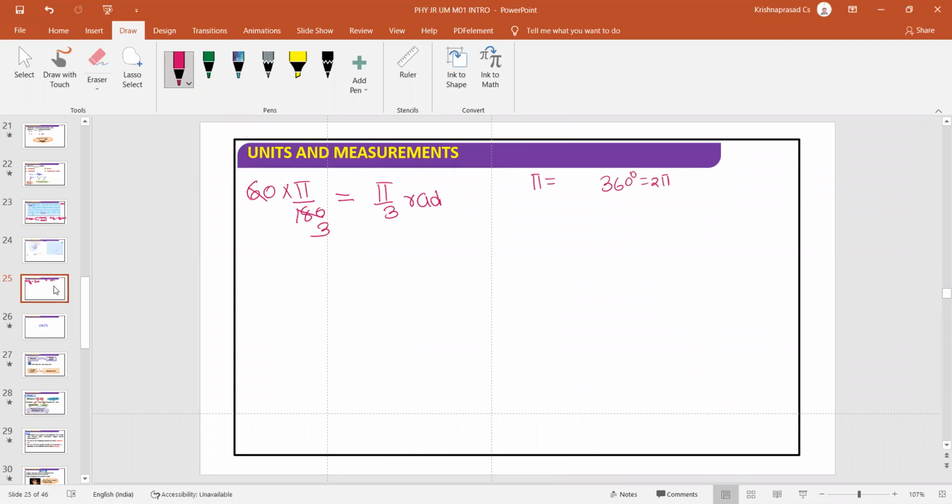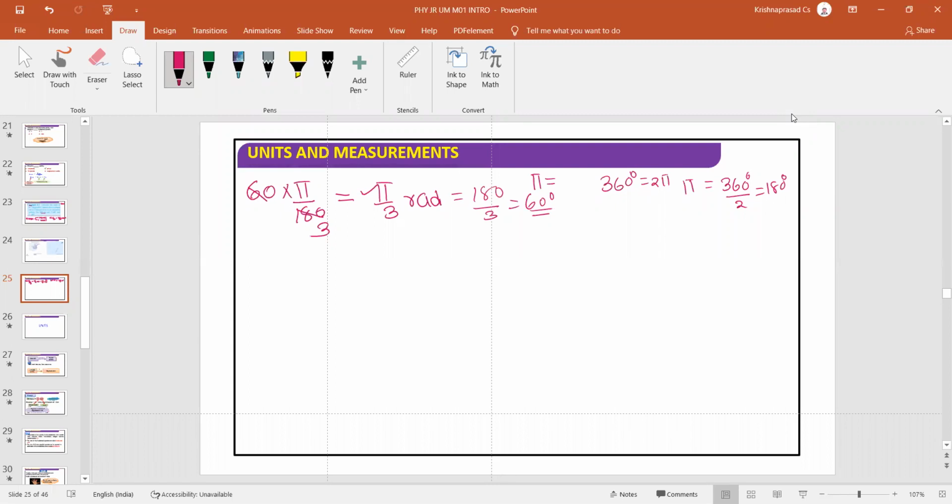Which in turn means that pi rad is equal to 360 degree divided by 2, which is 180 degree, right? So if I am substituting, 180 divided by 3, it is 60 degree. So this answer is correct, right?